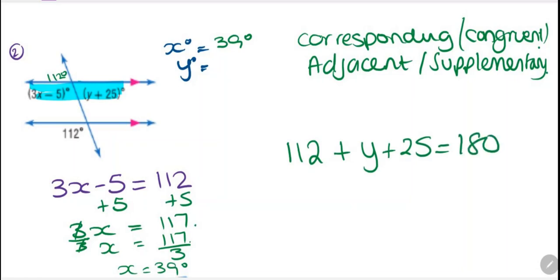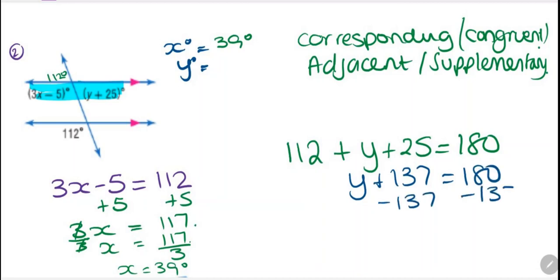And we're going to rearrange. So let's have a look. 112 and 25 is 137. So now I'm going to minus 137 from both sides and I have 43 degrees. So let's check.